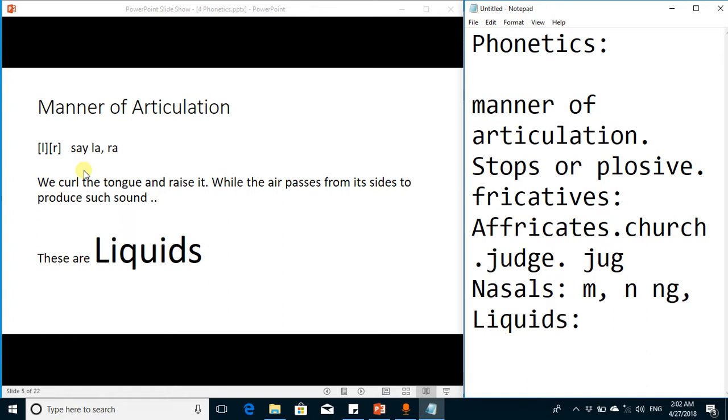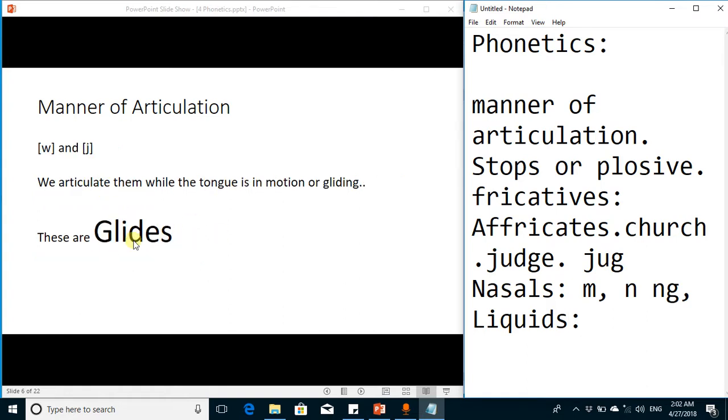And next are glides, as the name shows its meaning. While pronouncing these letters, we actually glide our tongue, or you can say our tongue keeps moving while pronouncing them. These are the W sound and the J sound, like in yu.